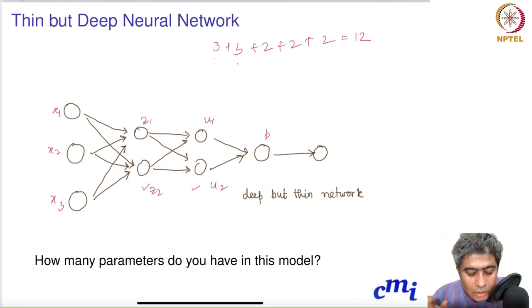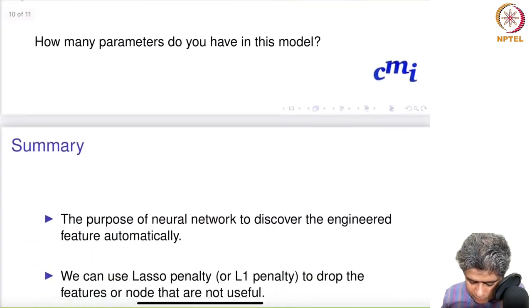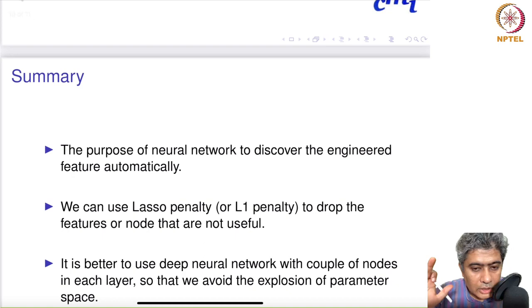And that is the reason that deep learning neural networks are more popular than fat shallow networks. Because if you have a fat shallow network with too many nodes, your parameter space may explode.